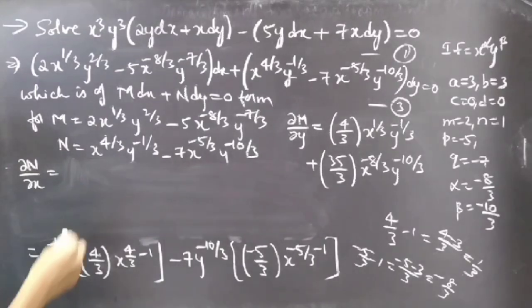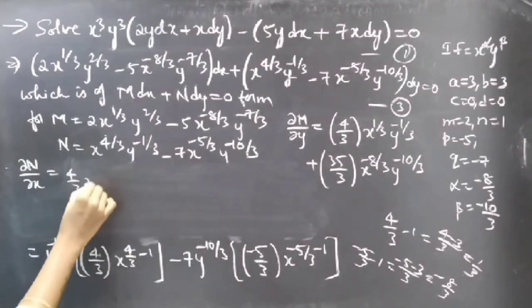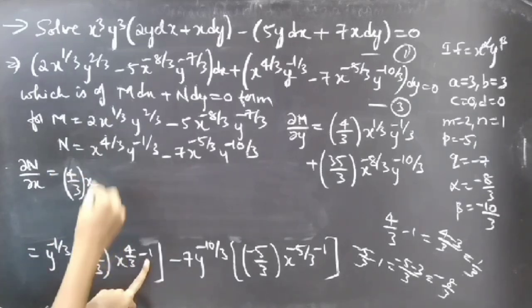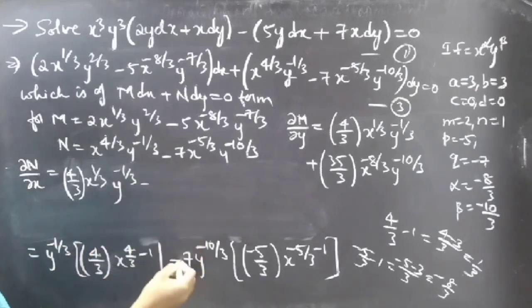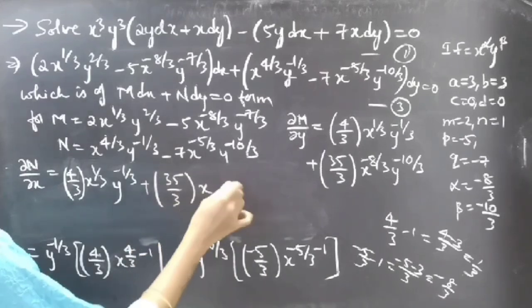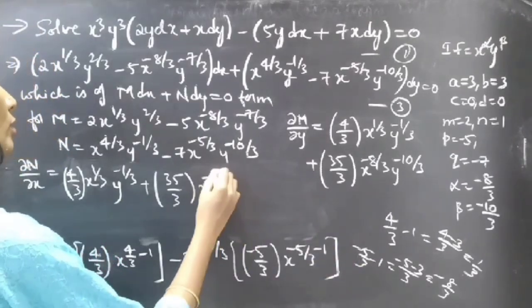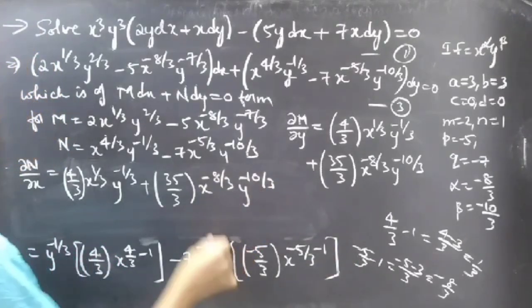This becomes 4 by 3 into x to the power 1 by 3 into y power minus 1 by 3, minus, minus into minus plus, 7 into 5 is 35 by 3 into x to the power minus 8 by 3 into y power minus 10 by 3.